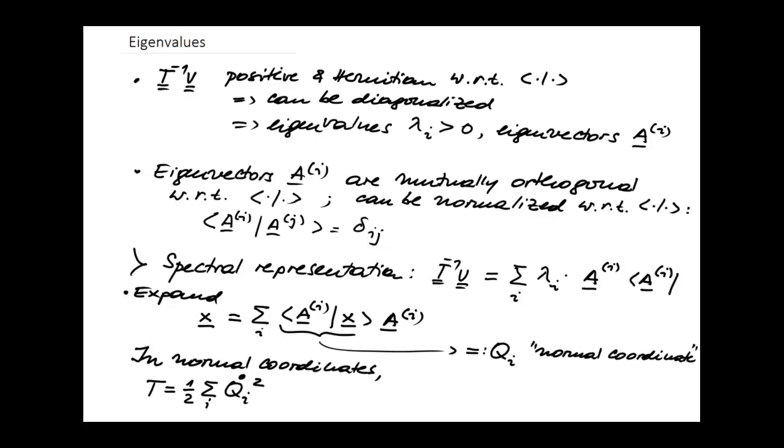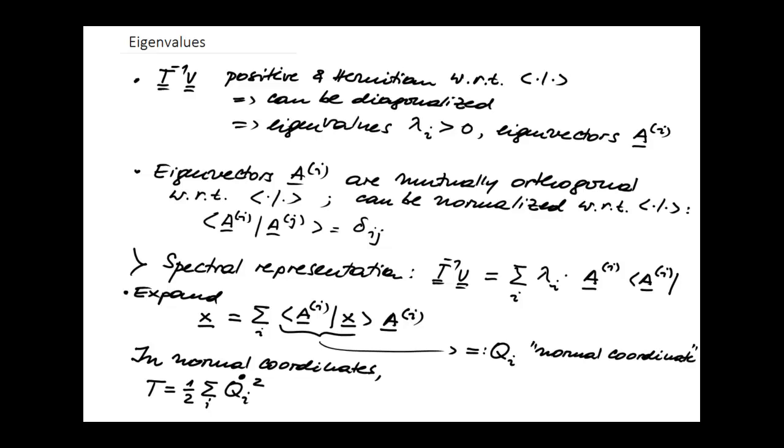And remember the kinetic energy, that was 1/2 and then the new scalar product of x dot with itself. And now you expand x dot in terms of the eigenvectors, so Qi dot times eigenvector ai. But the eigenvectors form an orthonormal basis with respect to our new scalar product.